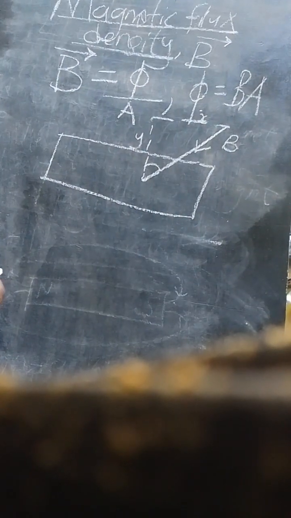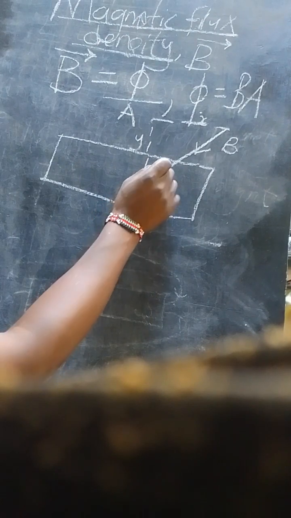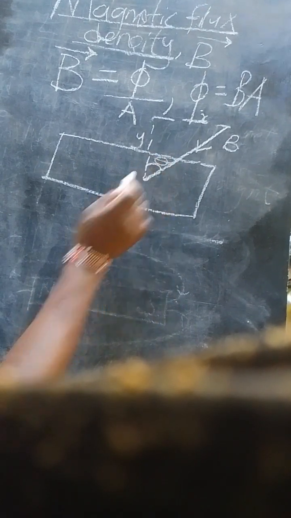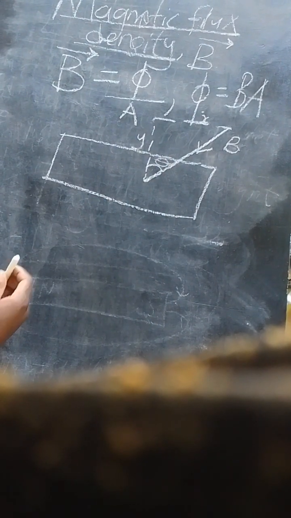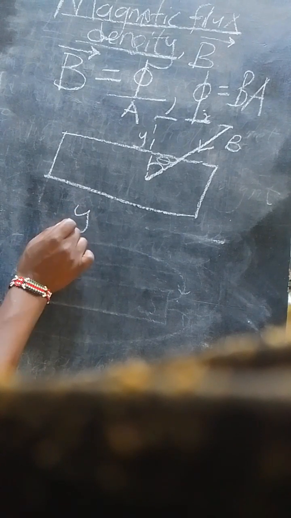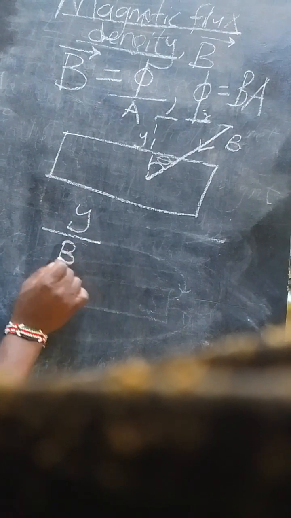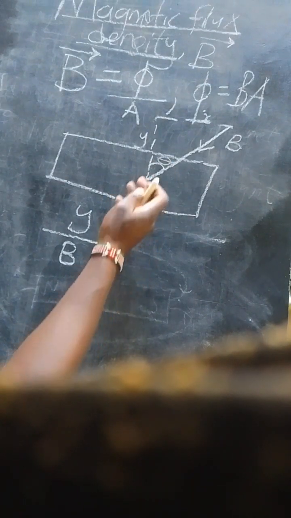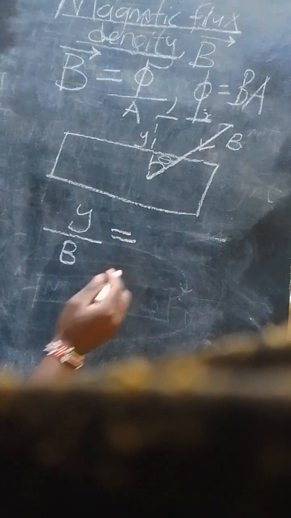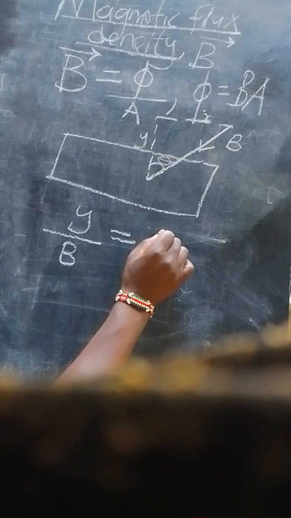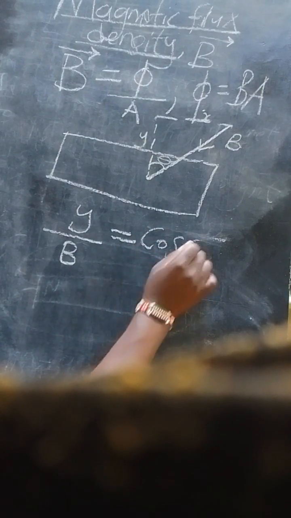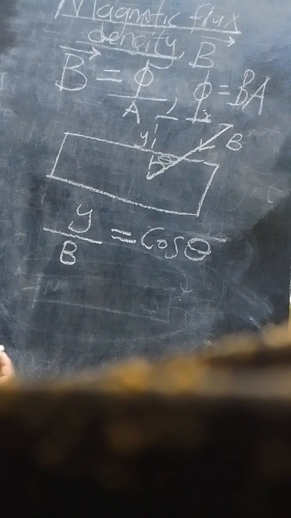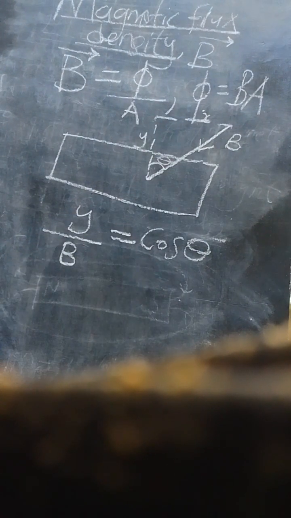Now, take this angle to be theta. I'm going to say that y over B will be equal to cos theta, because this is a triangle where y is the adjacent side and B is the hypotenuse.